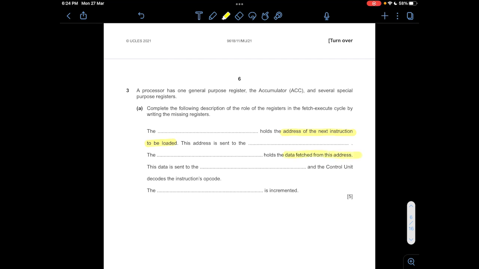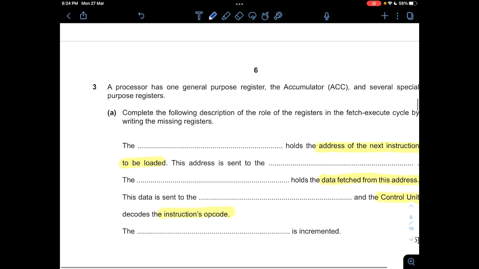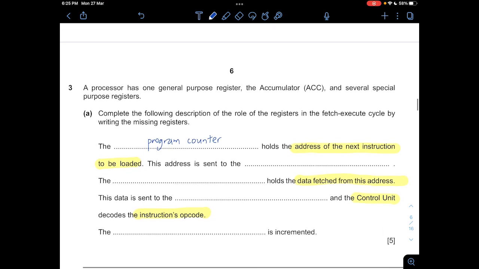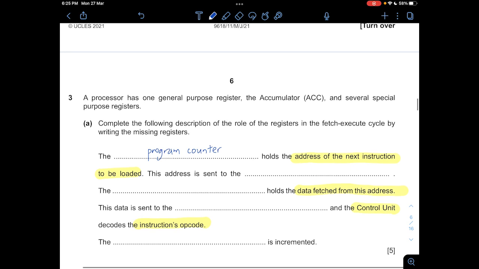Data is sent to something, and the control unit decodes the instruction's opcode. The something is incremented. Okay, for this specific function, which is holding the address of the next instruction to be loaded, this will be your program counter. And then the address is sent to the thing that holds the memory address, which is the memory address register.